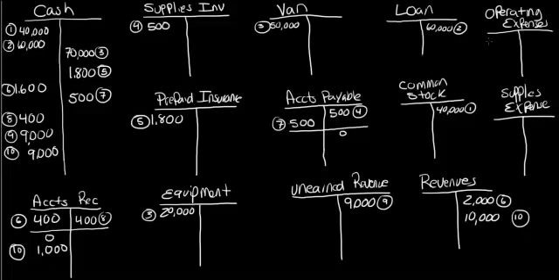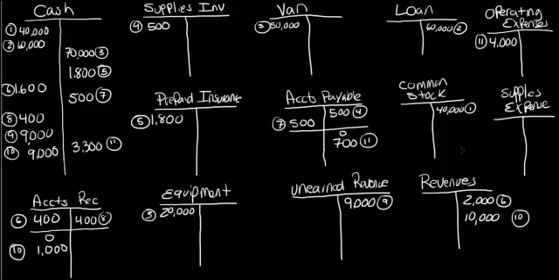In journal entry number 12, or excuse me, number 11, I have an operating expense of $4,000. I paid $3,300 of that. So I debited operating expenses for $4,000. I credited my cash for $3,300, and I still owe $700 on that, so I'm going to credit accounts payable for the other $700.